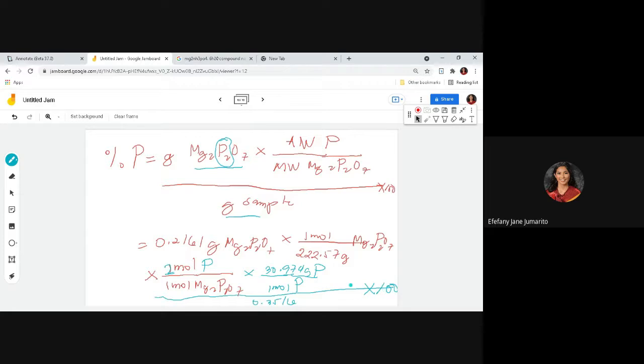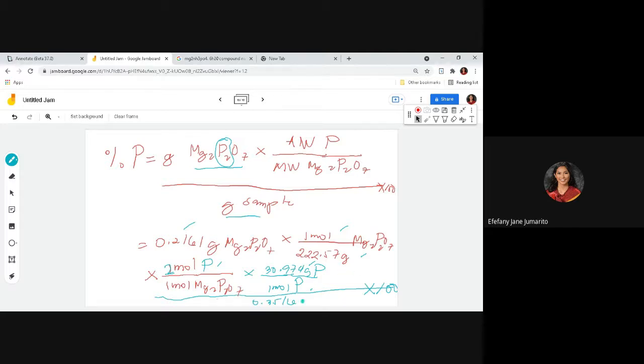So we have 0.2161 times 1 times 2 times 30.974, divided by 222.57 times 1 times 1.